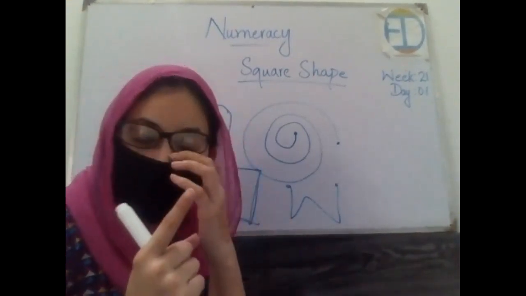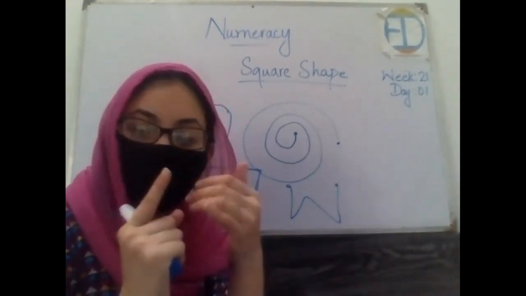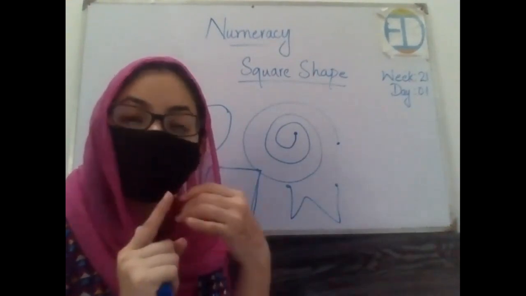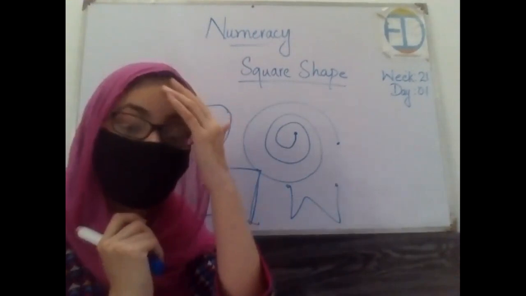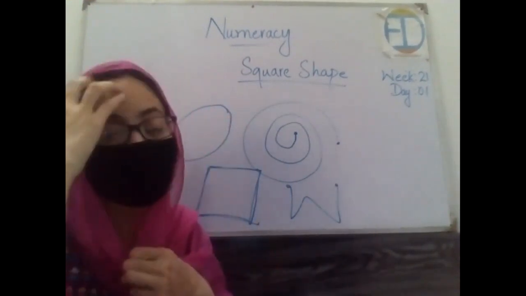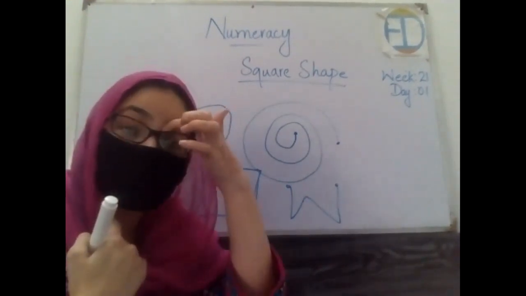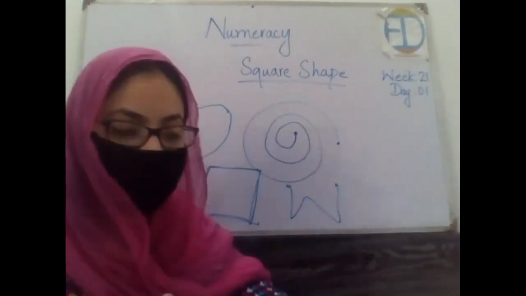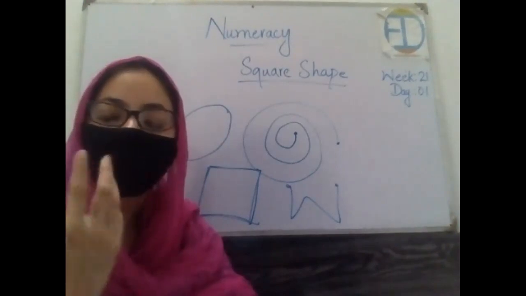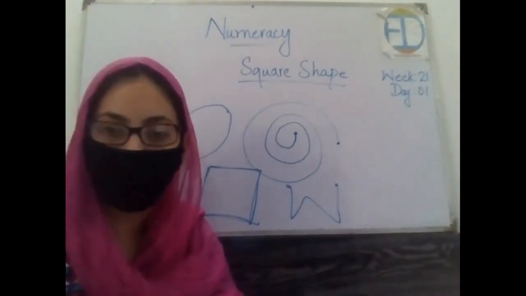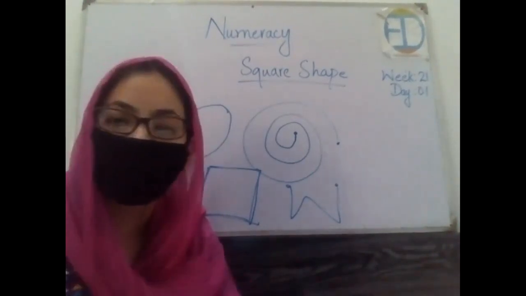Plane shapes are those which we can easily draw on the paper, and 3D are those which we cannot draw, right? So through this we have discussed the categories of different shapes. Got it? Okay, now let's move forward and discuss the square shape in detail.